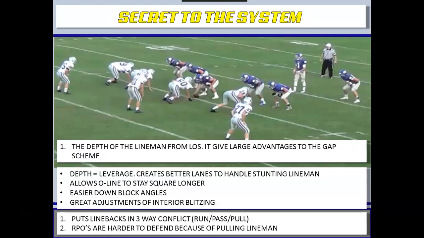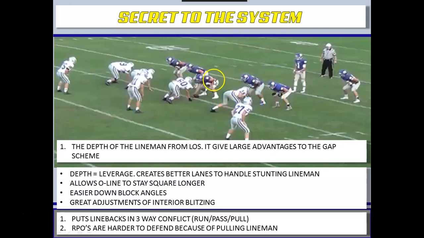What is the secret to our system? I will tell you that we have done this with 160-pound linemen, 220-pound linemen. We have done it with all different types of skill sets. As you can see in this picture, we are a wide split team.